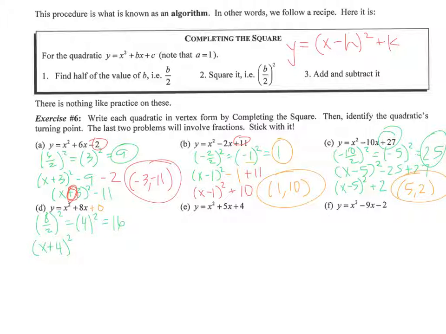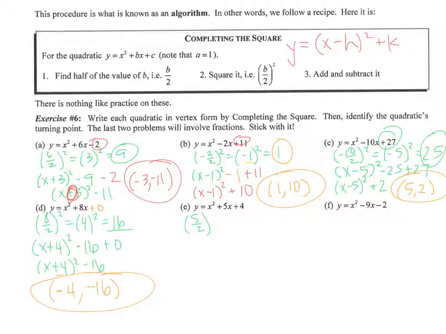And then we need to subtract our c. And then we have our 0 we started with. So it still is just x plus 4 squared minus 16. Please remember that because this becomes a positive 4, that means that our x is going to be negative 4 and our y is negative 16.